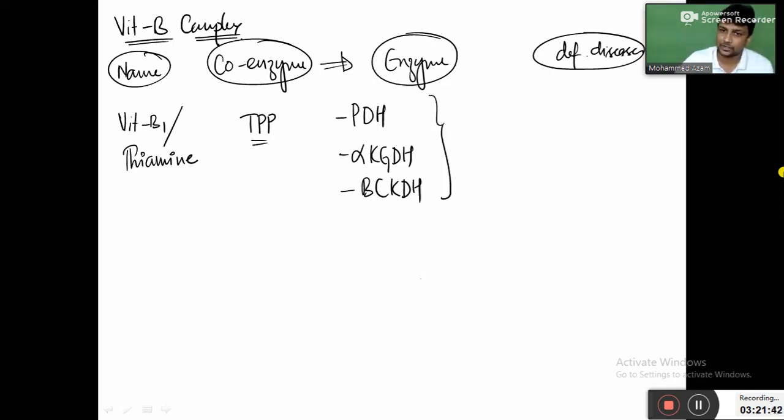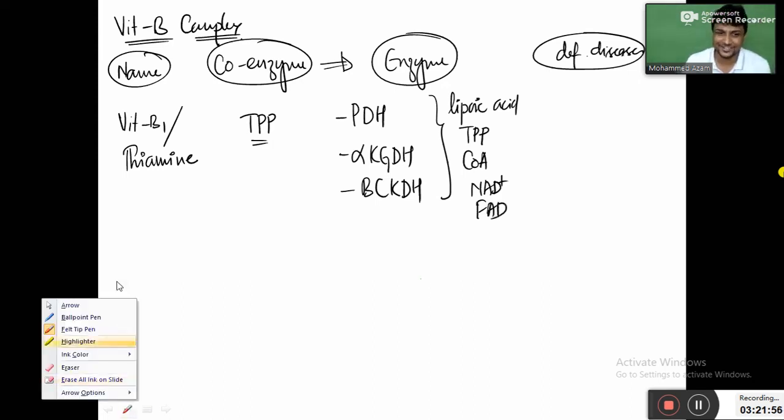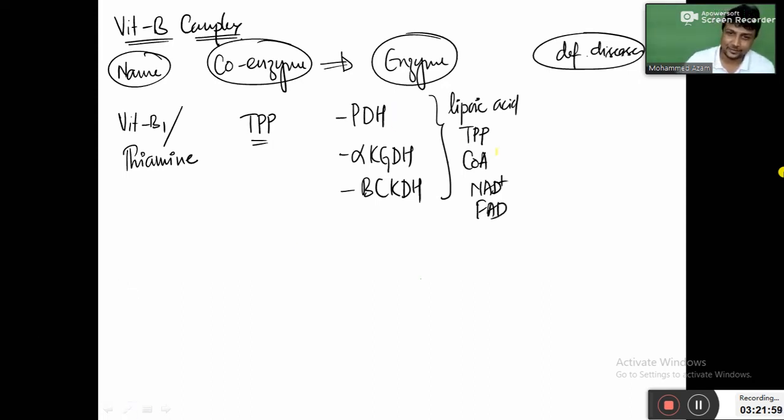Recall the common thing between the three of them: 5 coenzymes, lipoic acid, thiamine pyrophosphate, coenzyme A, NAD plus, and FAD. So all these three enzymes require thiamine pyrophosphate, a coenzyme formed from thiamine only, vitamin B1.